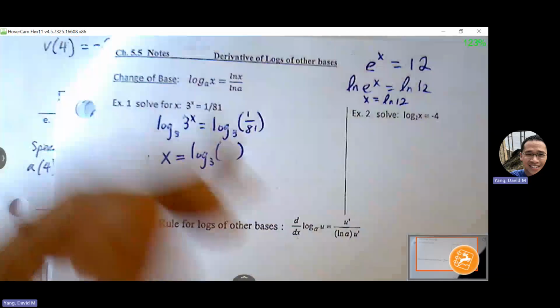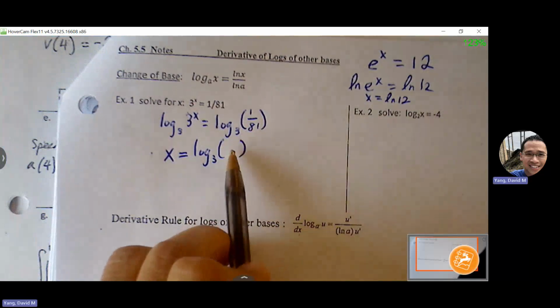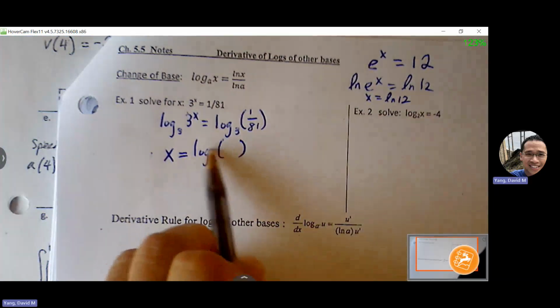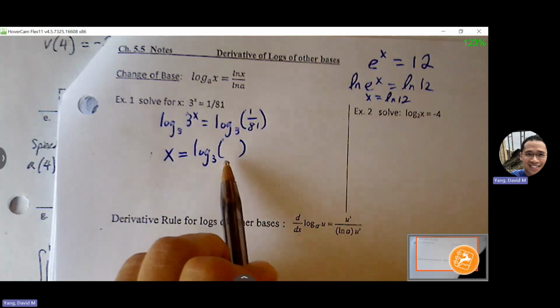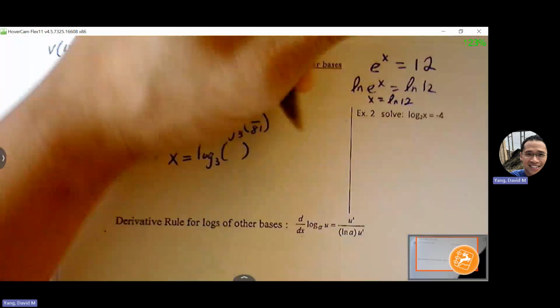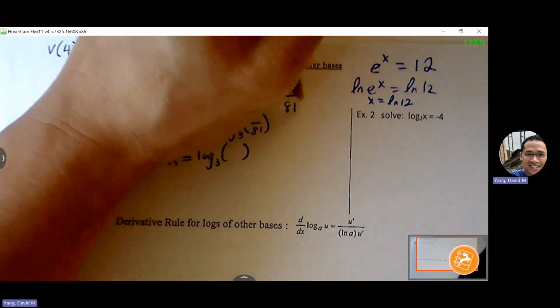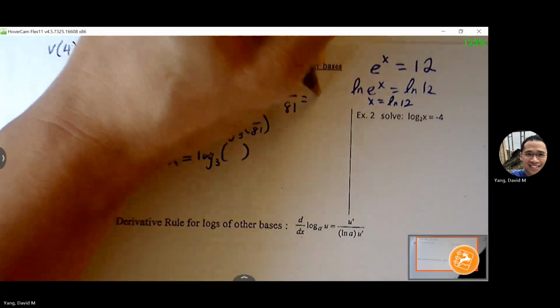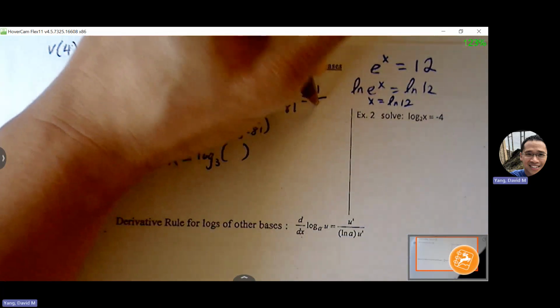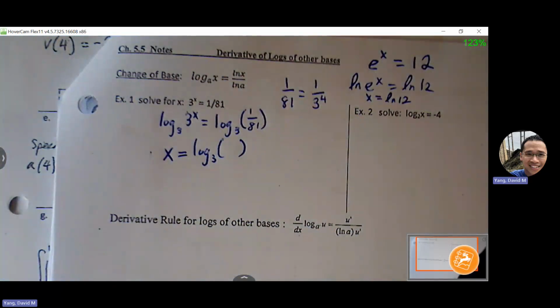If I can somehow rewrite that 81 in terms of base 3, then I can apply more properties. So 1 over 81 in terms of 3 is what? 81 is 3 to the 4th, and if I bring it up, it's 3 to negative 4.